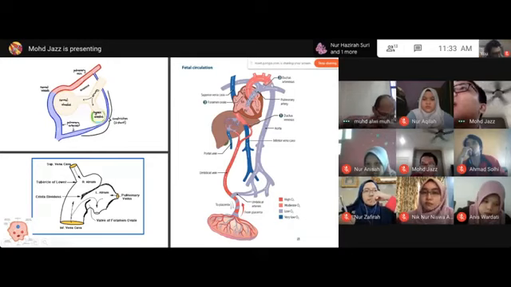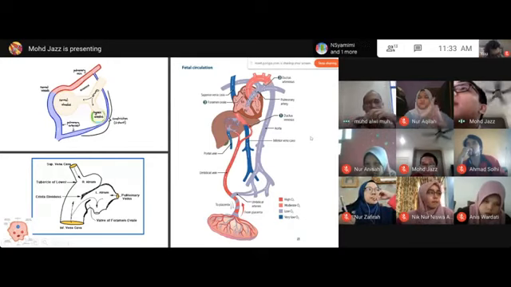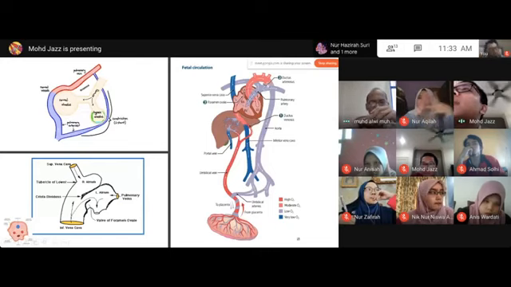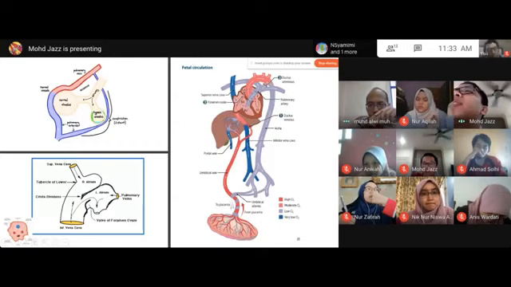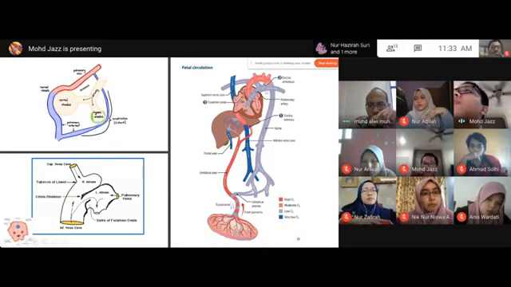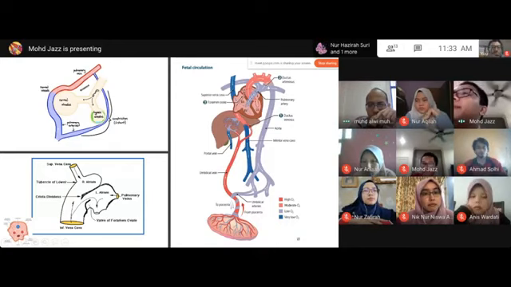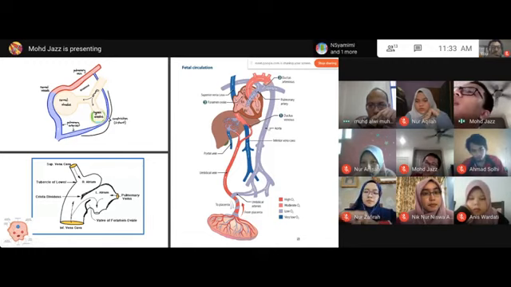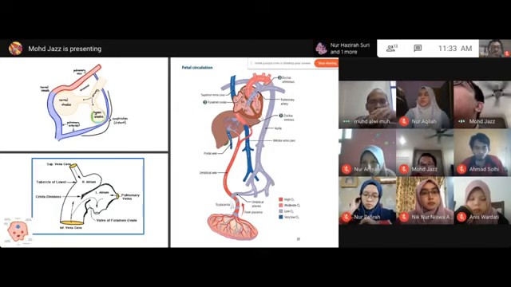As it flows more there, the ductus arteriosus is also reduced in patency because the source of prostaglandin is cut off, and because of the higher oxygenation. The higher oxygenation causes the ductus arteriosus to close. Okay, so this closes, more blood flow.